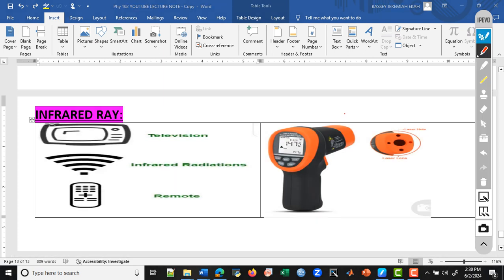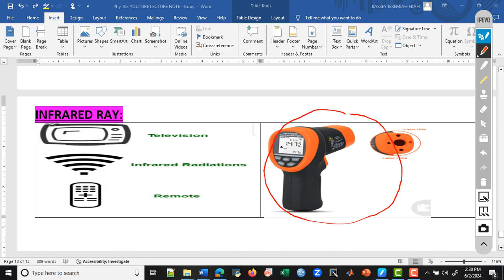It helps you to get information about the body temperature even without contact. This one is the remote control of your television, which operates at the frequency of the infrared radiation. So that's an application of infrared.